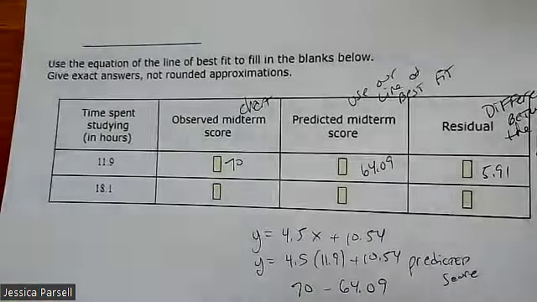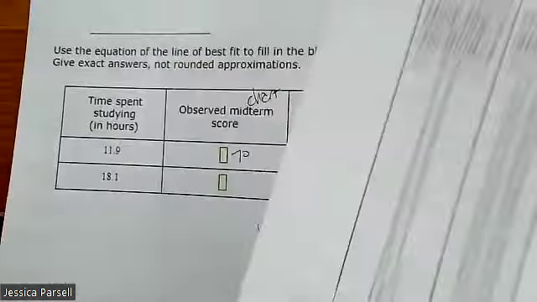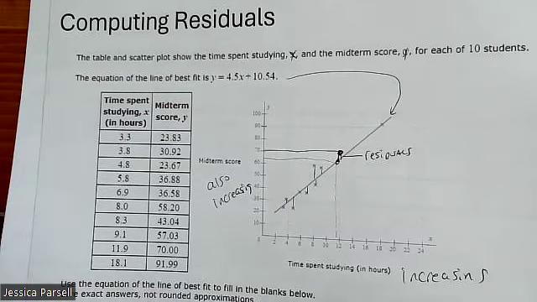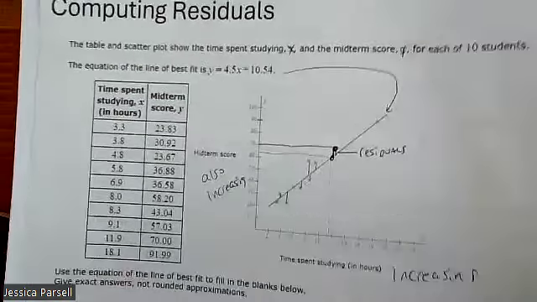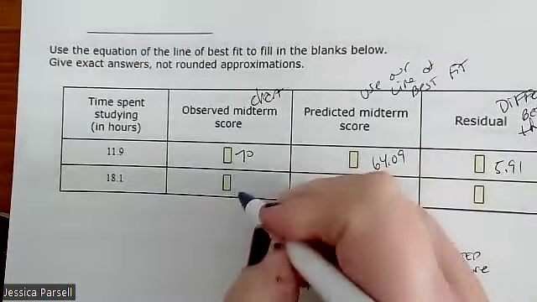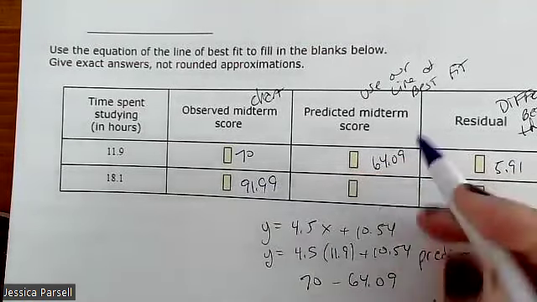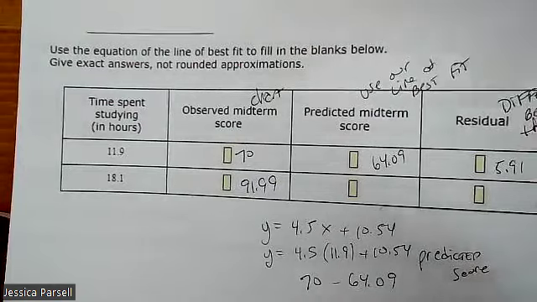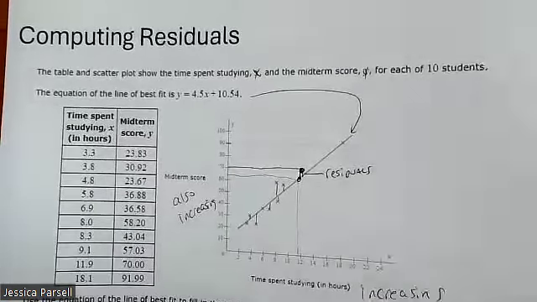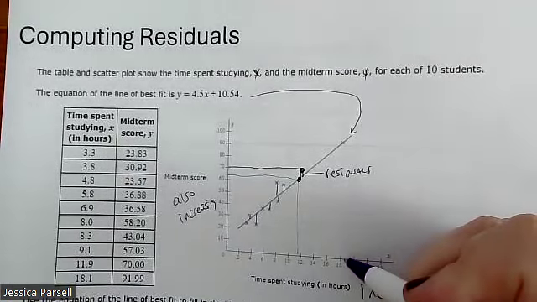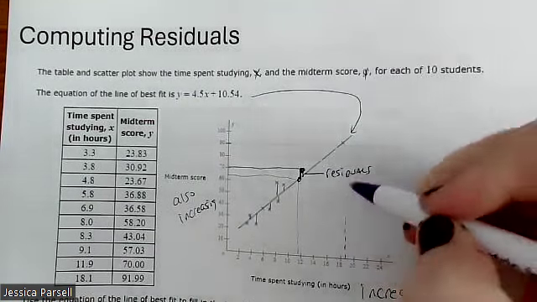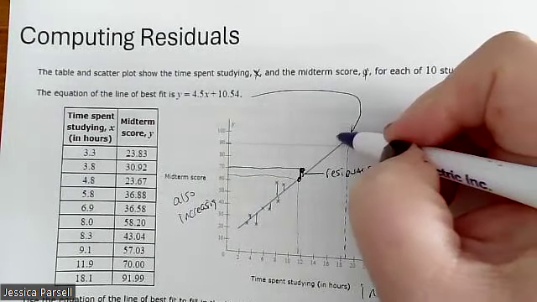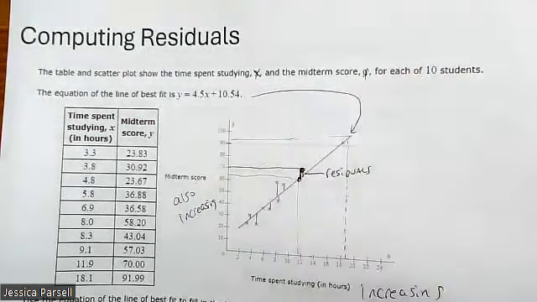All right, let's do this all over again. The person who spent 18.1 hours studying, what would we observe that they got on the midterm? Well, they got a 91.99. Okay. What would our line predict that a person who studied 18.1 hours would get? Well, 18.1 hours is something right here. If we bring this up, see where it slams into this line and comes across, what would it predict?